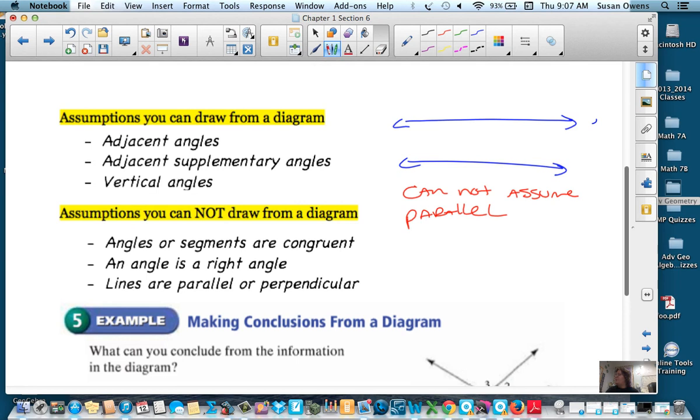So, for example, this is kind of cool. If I draw two lines that don't look parallel, and I go like this, these are parallel line labels. Draw little arrows. You can do multiple arrows, like 2 or 3 if you want, to show they're parallel. Those lines are parallel.